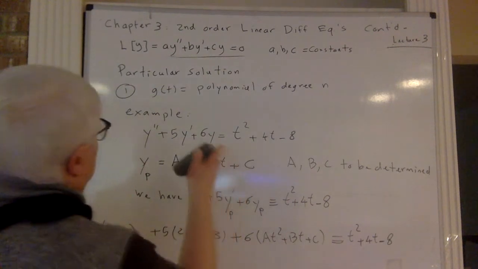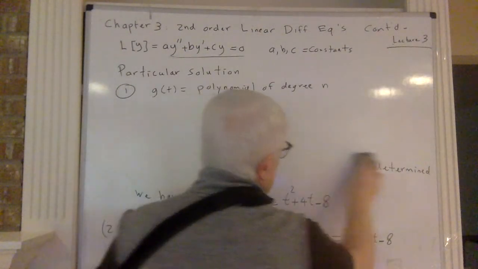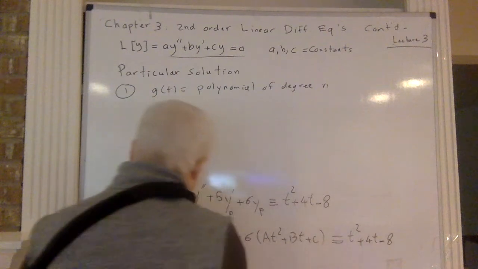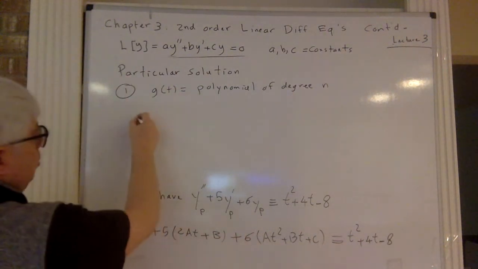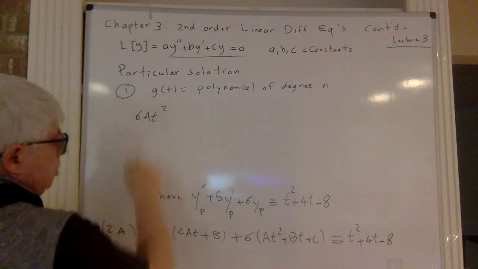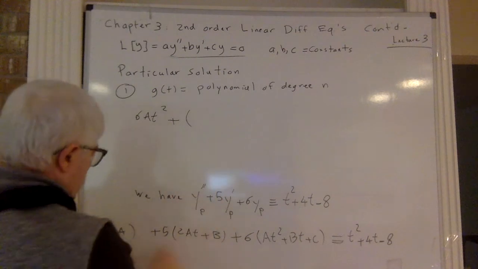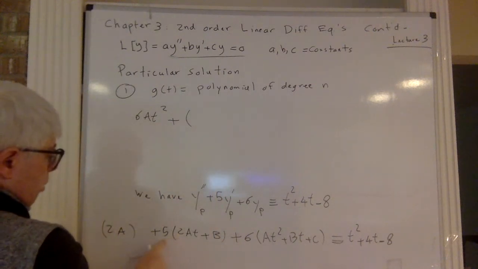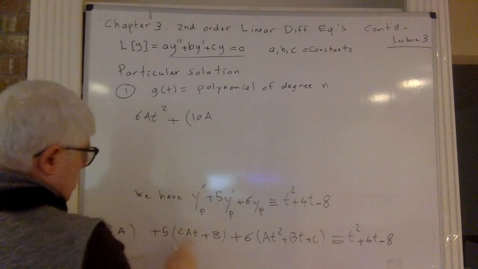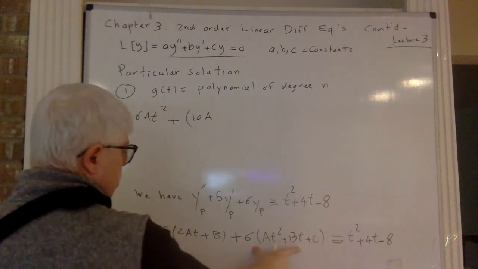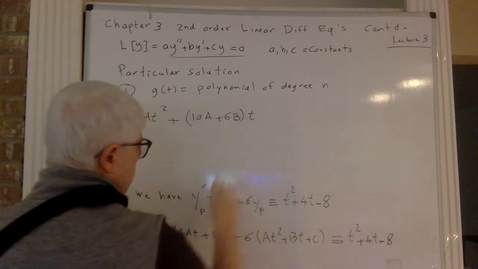So let me erase this and continue here. Okay. Let's put this together. I have 6a t squared. Then for t, what do I have? I have 5 times this 2, 10a. It has t here, and this one has t, so plus 6b times t.